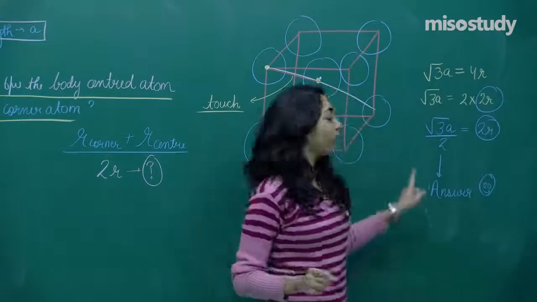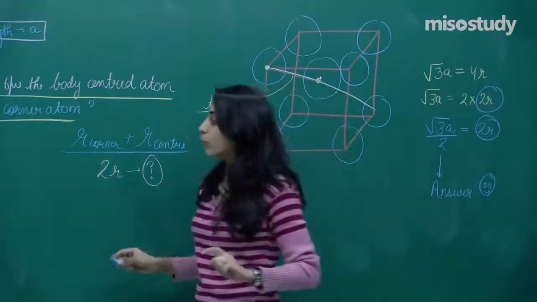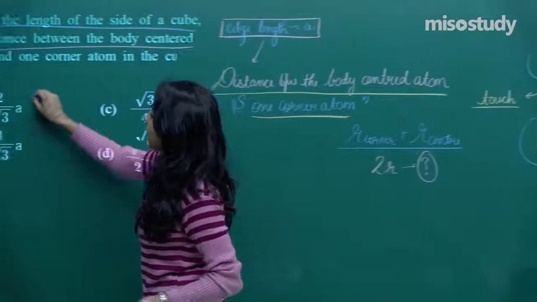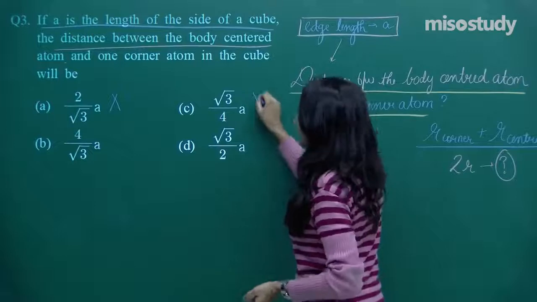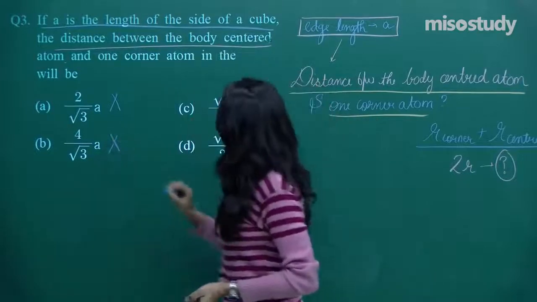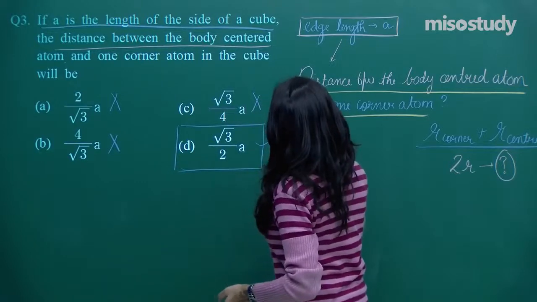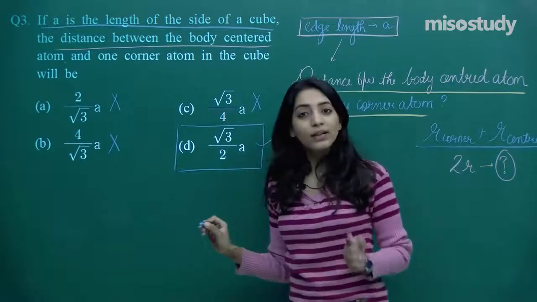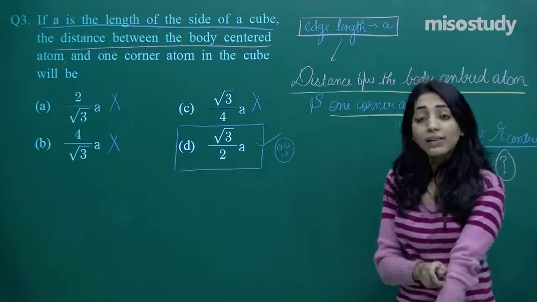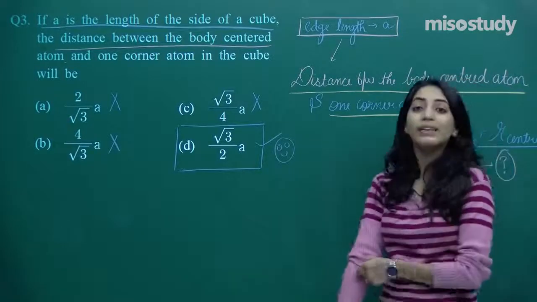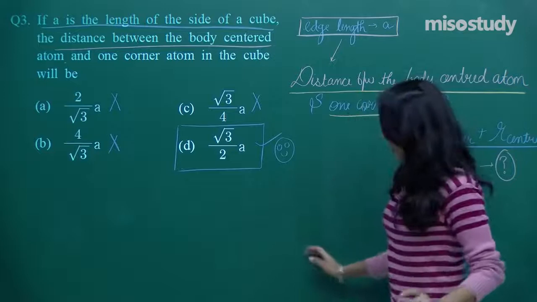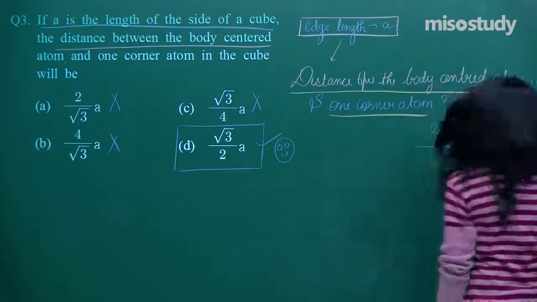Right? Let's see if we get some answer. Root 3 a by 2. 2 by root 3 a. Root 3 a by 4. 4 by root 3 a. Root 3 a by 2. Cool enough? So we have finally got the answer for question number 3 as well. Oh my God, a sigh of relief.